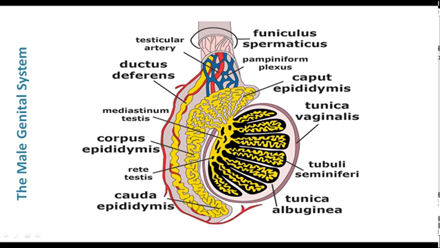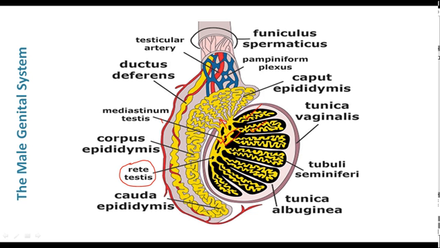And all such seminiferous tubules come to join each other, forming a net-like structure known as the rete testis. Rete testis is formed by an anastomosing mixing of the various seminiferous tubules. Now from the rete testis, 40 or 50 short small ducts come out of the testis. These are the vasa efferentia and they join the epididymis.